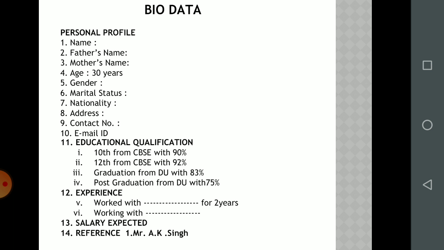See, if you are putting these points number 1 to number 14 in haphazard manner, that means completely reversing or shifting one point to another, it would be quite awkward, and that would not fetch you good marks. So it is better that you arrange it in such a manner: personal profile, educational qualification, experience, salary and reference.